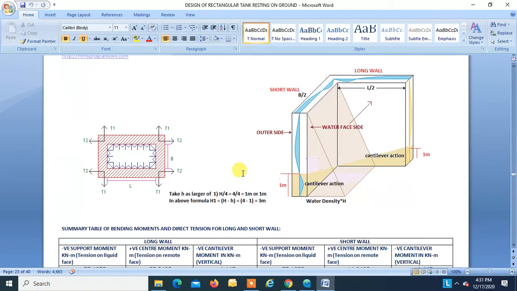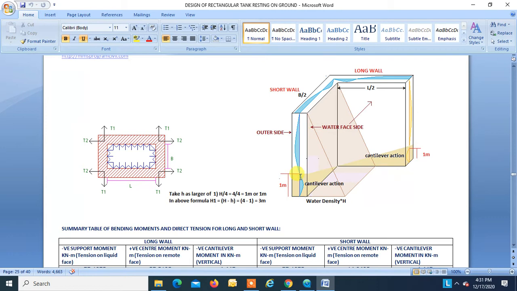So let us see the drawing. This is the vertical moment. Our vertical moment is negative, that is minus 6.667, so that will give tension on the liquid face side. This portion is acting as a cantilever, and this portion is acting as a continuous frame.